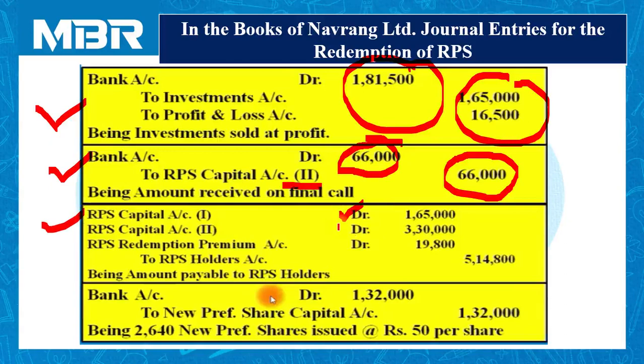Again, RPS capital account debited 3,30,000. RPS redemption premium account debited 19,800, to RPS holders account 5,14,800. So from this calculation, we have decided to pay an amount of rupees 5,14,800 to the holders of redeemable preference shares.